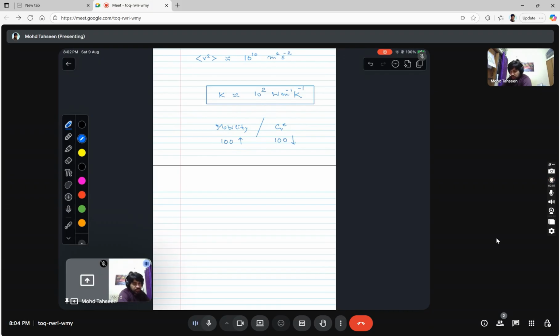So for some quantities, it computes the actual values to a reasonably good degree of agreement, whereas at the same time for some other quantities, the prediction does not hold as well.